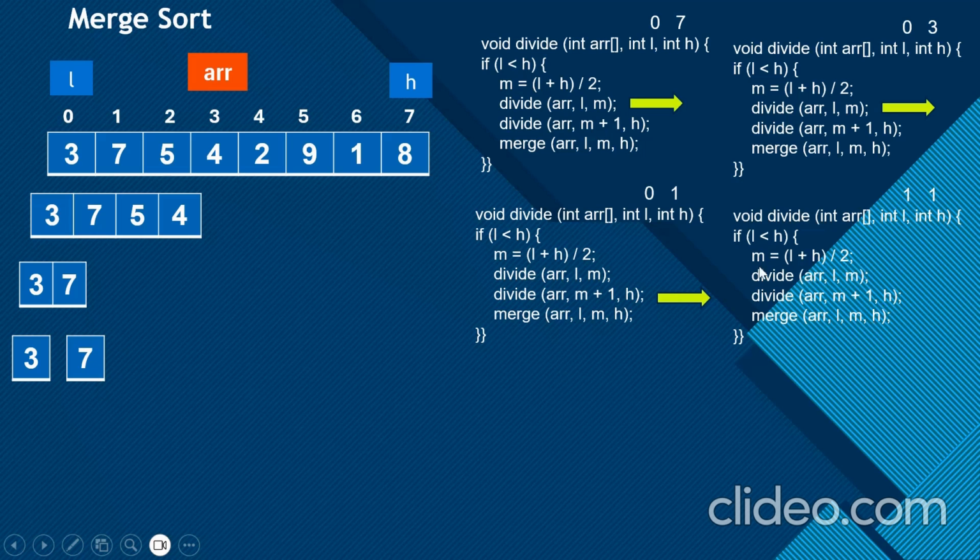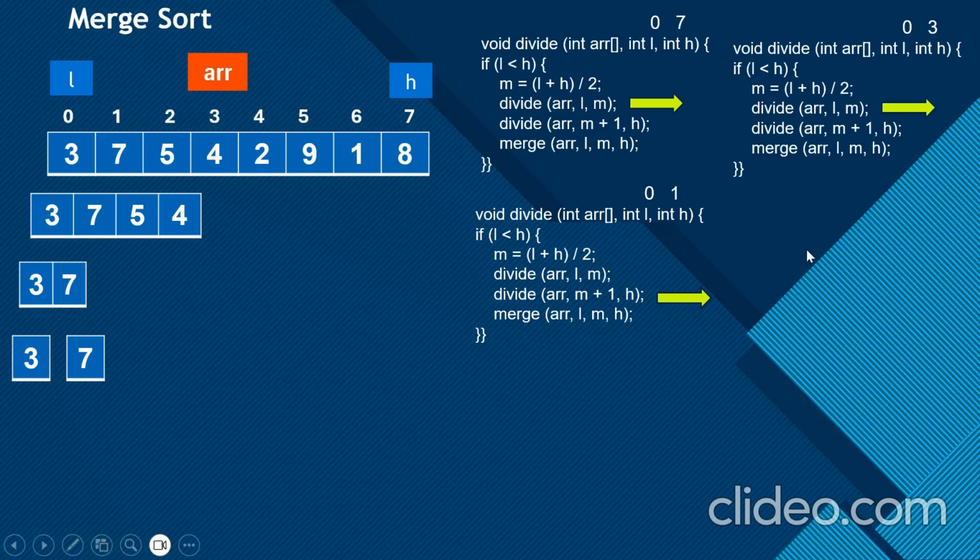Now should control go inside this? No, because L is not less than H. So the call would be returned, or the control would be returned to the point where it came from. That means this point. And since it is all done, now we would be moving to the next instruction, which is the call to a merge function, right?